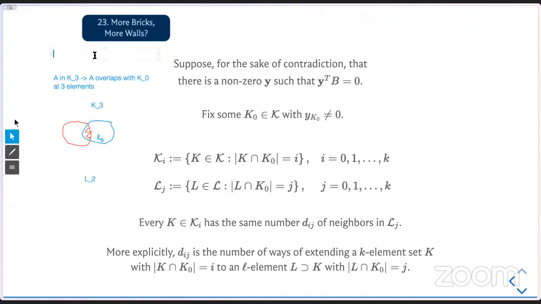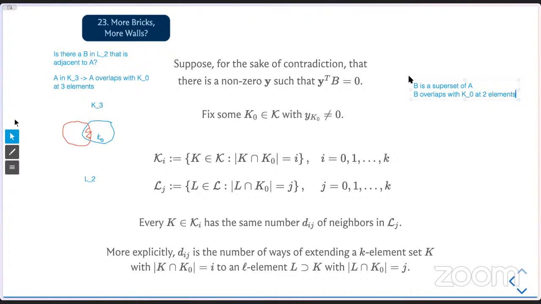And now the other question I want to ask is, is there a B in L2 that is adjacent to A? What does that mean? If B has to be adjacent to A, in other words, B is a superset of A, but it's in L2, so B overlaps with K0 at 2 elements. So are these two conditions simultaneously realizable?